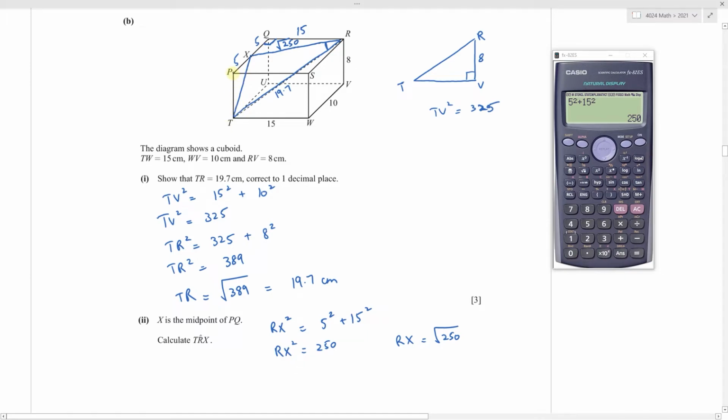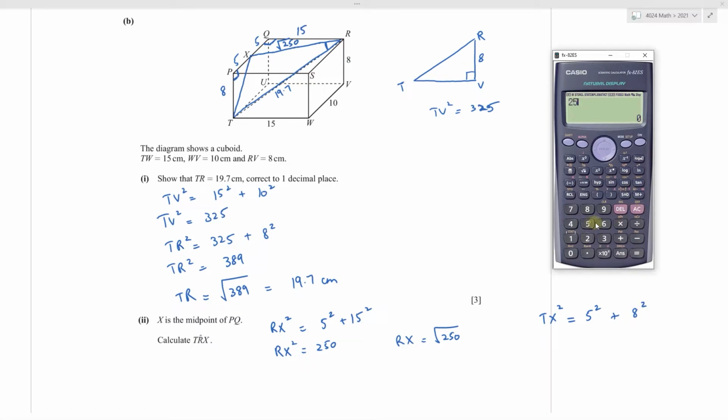My triangle PXT is again a right angled triangle. This length Px is 5 because x is the midpoint. This length Pt is the same as Rv, which is 8. So now my Tx square will equal Px square, which is 5 square, plus Pt square, which is 8 square.